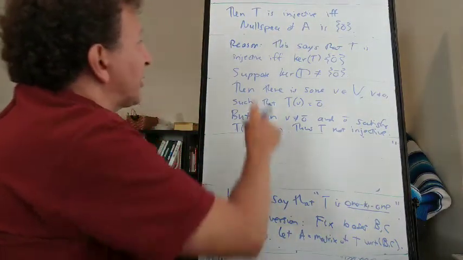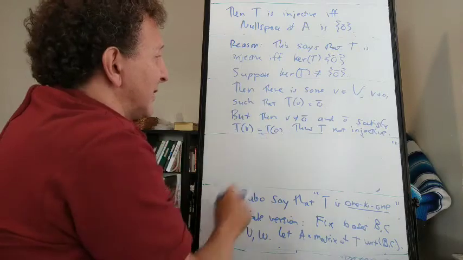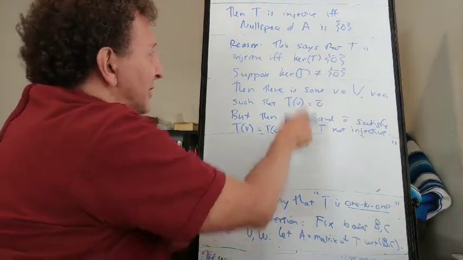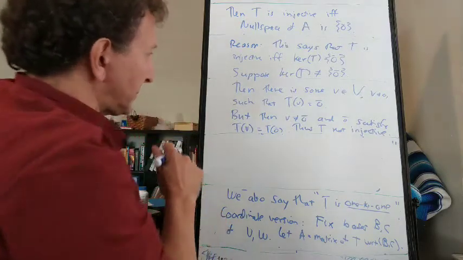Alright, so that proves that if the kernel is not 0, then T is not injective. Or I guess you could say, if T is injective, then the kernel is 0.